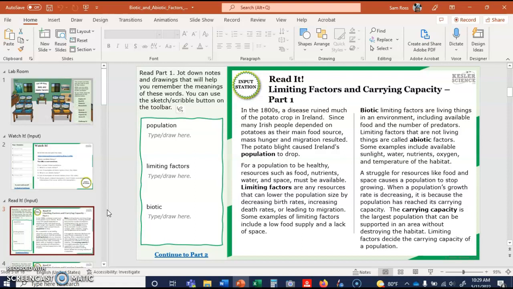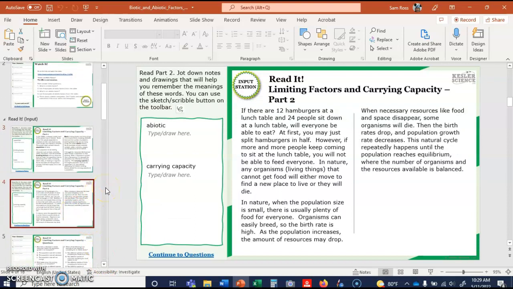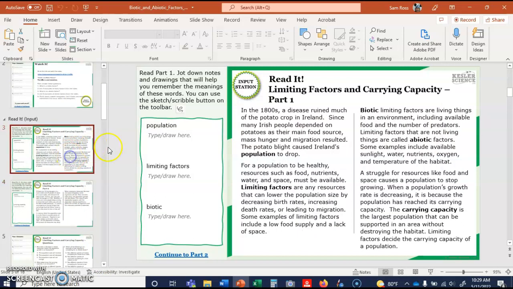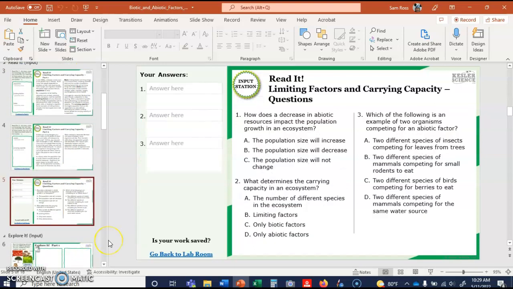So let's see if it says anything about the population other than it's just a group, or you can get it out of your book, that's fine. Let's see if it has anything else on page 2 of Read It. Not really. But abiotic and carrying capacity come from this side, so you'll have to put those here. And then you have these 3 questions from Read It, and you'll put your ABCD over here.